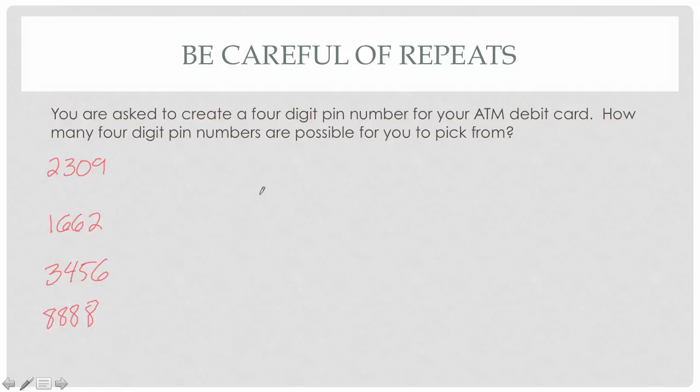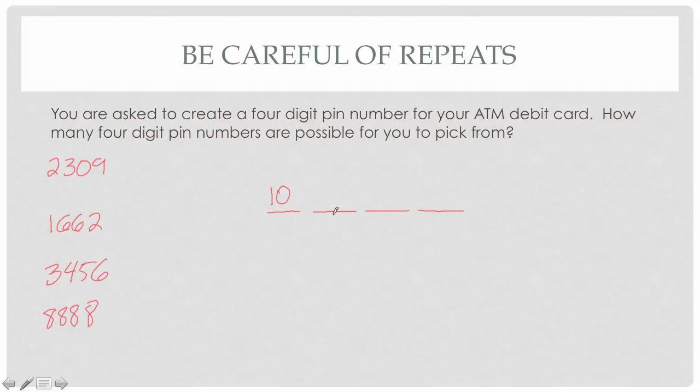Well, let's use the slot method to figure this out. So we have 1, 2, 3, 4 different digits, right? And now how many choices? For my first digit, I have the numbers 0, 1, 2, 3, 4, 5, 6, 7, 8, or 9. There are 10 different digits that I could choose from.